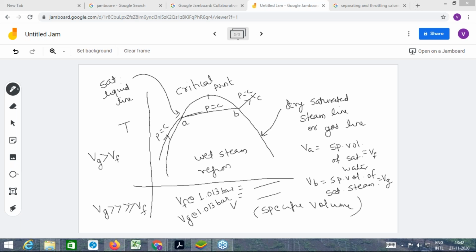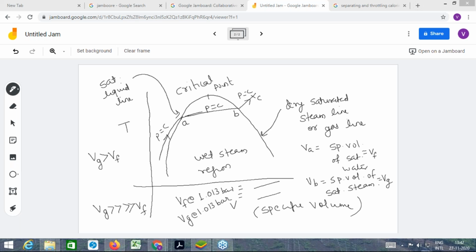So it means that the specific volume of liquid, that is saturated water, is very small. How many times is it less? VF is 0.001, right? And VG is about 1.67. So you see that when there is a phase transformation, there is a tremendous increase in the specific volume.